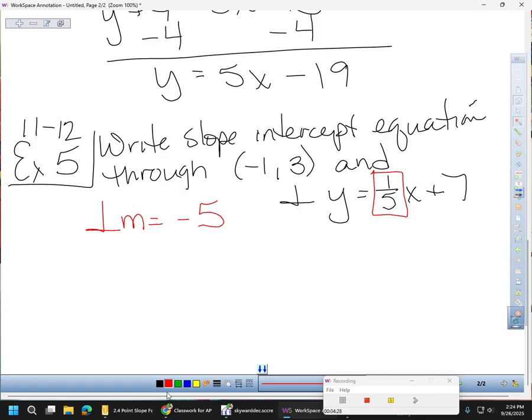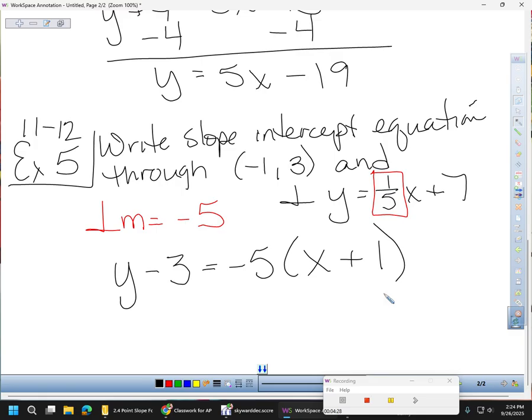Good. Nice job, you guys. All right. So now we're going to put it into point slope. y minus y1. What's y1 up there? Good. Equals, what's my slope? -5 times x minus, what's my x1? +1. Very good. I still have to turn it into slope-intercept.